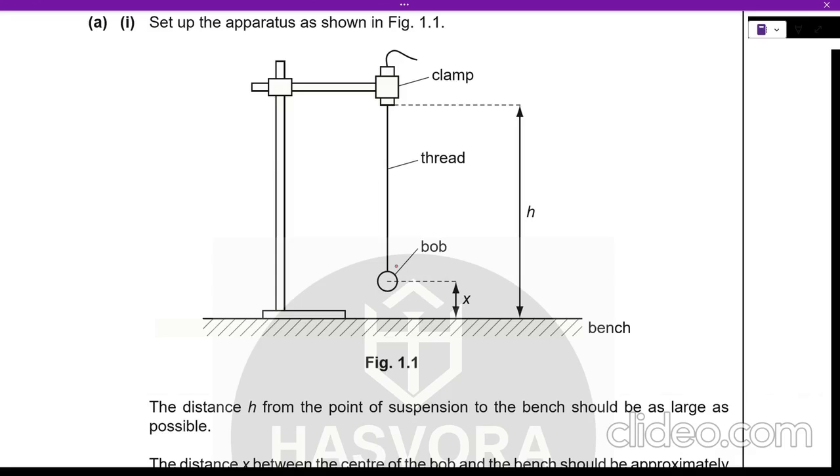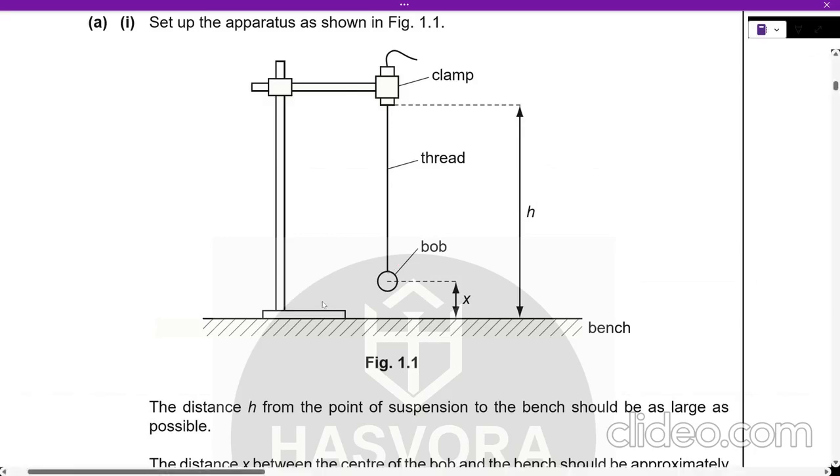It is usually a bob made up of play-doh. You have to embed that thread in the dough and make a ball out of it. That's the bob, and then you have to measure the distance x from the bench and the distance h from the clamp to the bench.